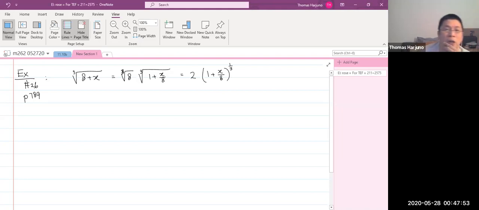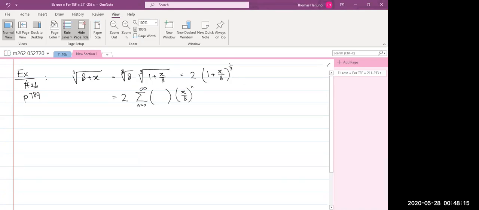Now this is equal to 2 times the sigma from n equals 0 to infinity of the combination, and this will be x over 8 here to the n.